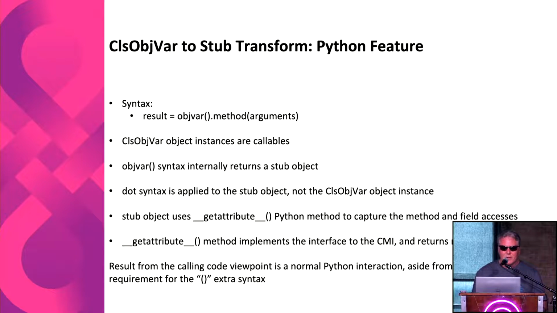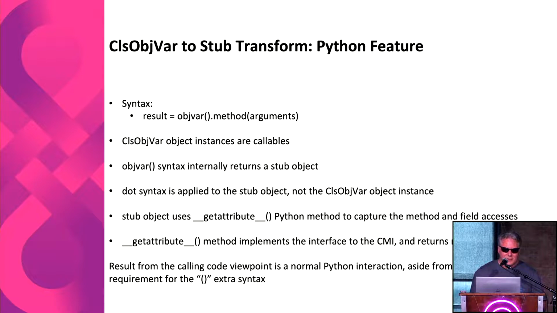And then internally, that returns a separate object. So it looks like you're actually doing a call with the class obj var instance. You're actually not. Its entire job is nothing more than to return a different object, which then takes in the dot syntax for the method or field. So now you have a stub object that's receiving a method or field call.